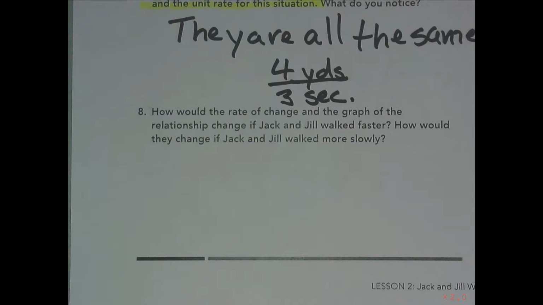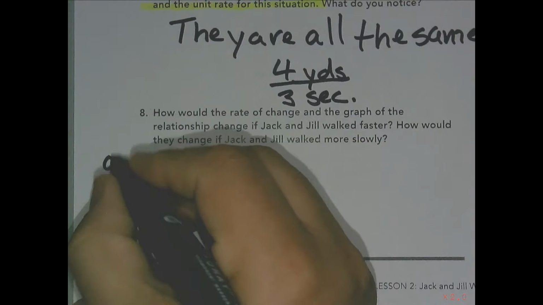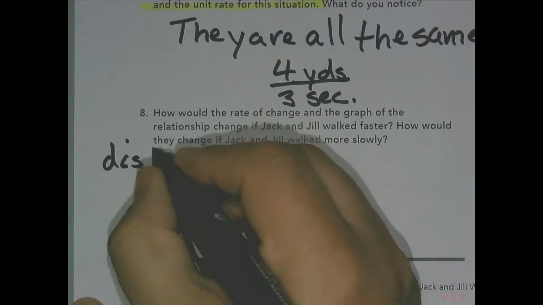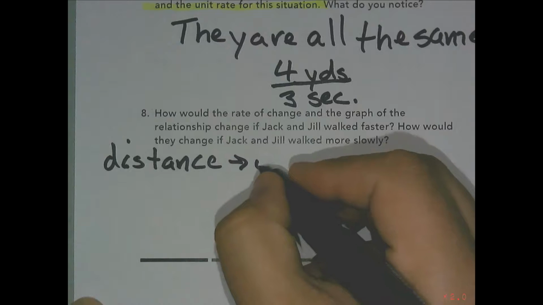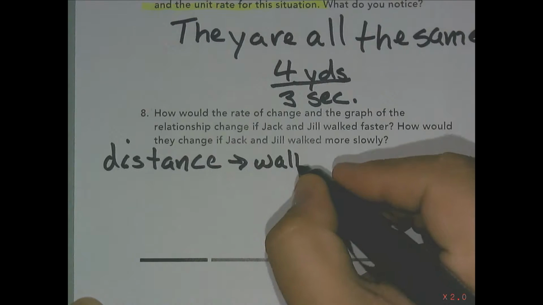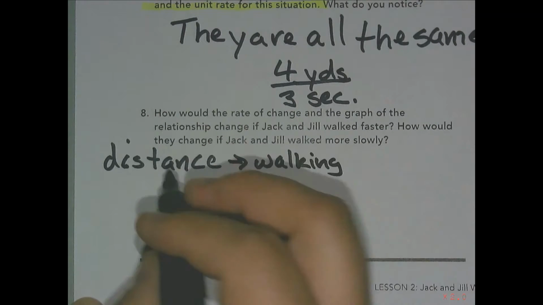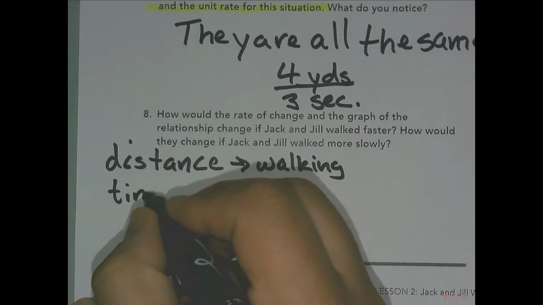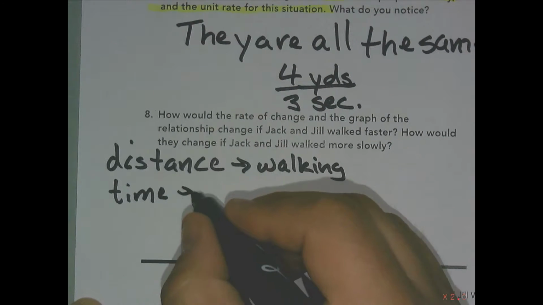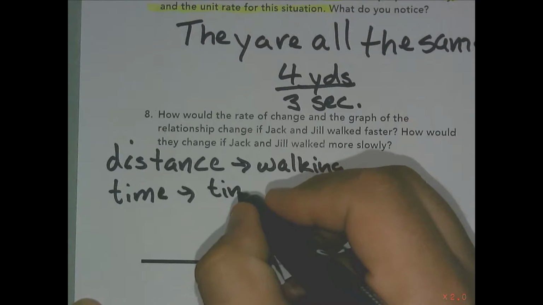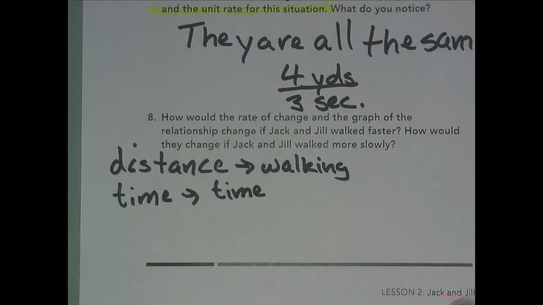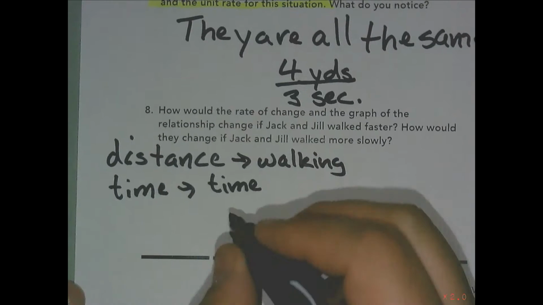We're measuring 2 things. Distance is a measurement we travel based on how fast we're walking. And then we measured the time, which is kind of the same. You know, time is just time. That's why it's almost always the independent variable.